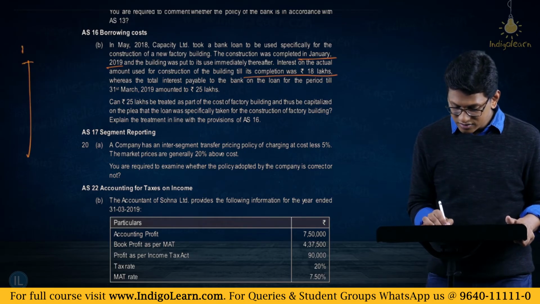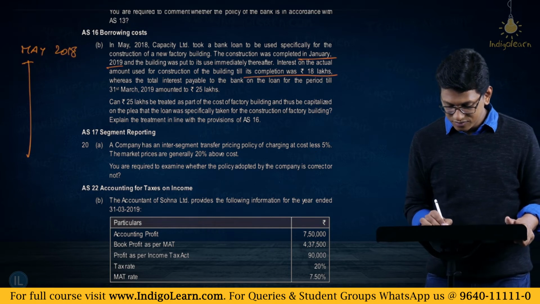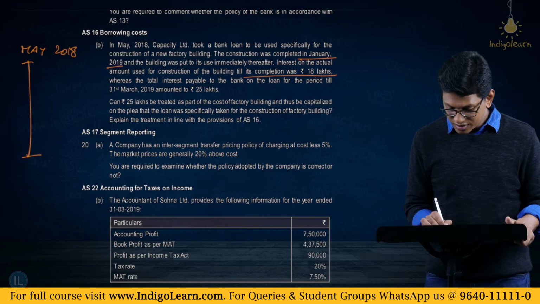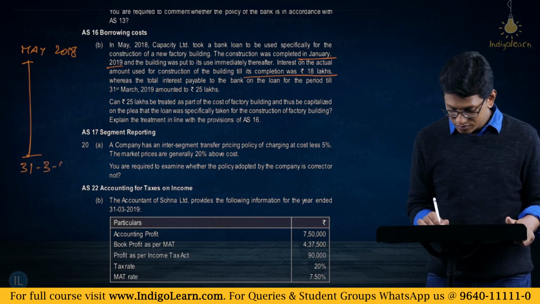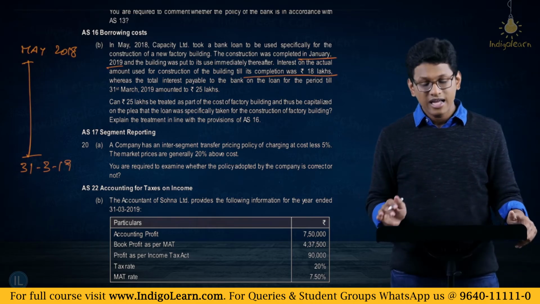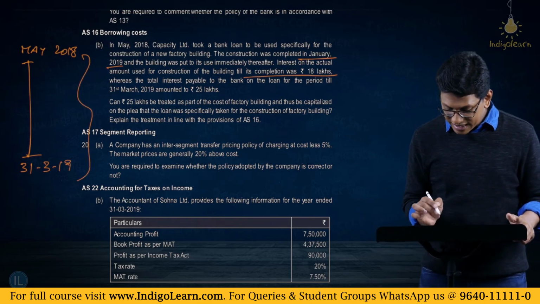Loan was taken in May 2018. There is 31st March 19. Interest for this entire period is 25 lakhs.